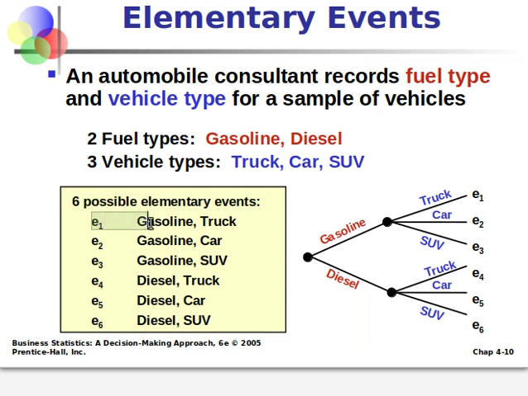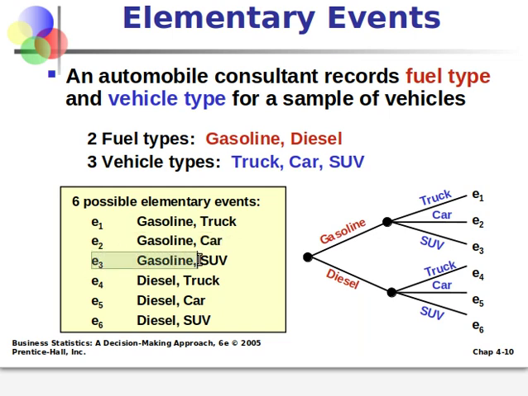E1 is defined as a vehicle that uses gasoline, which is a truck at the same time. E2 is defined as a vehicle that uses gasoline and is a car.